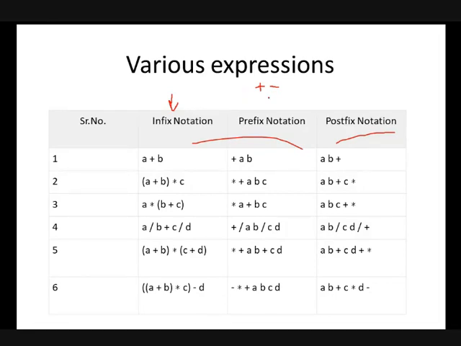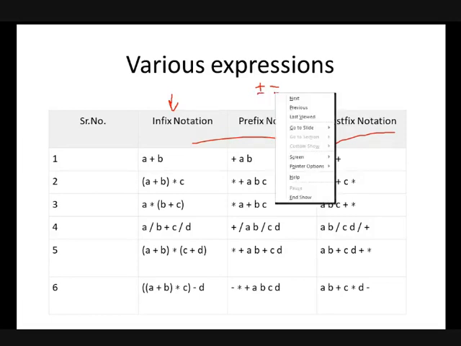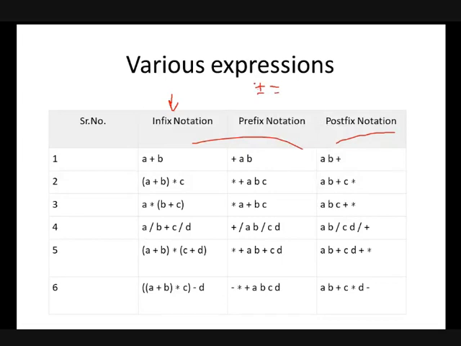The associativity of all arithmetic operators is always from left to right. So when you have plus and minus at a time, you need to follow the left to right sequence. The operator which is leftmost should be applied first and then the next operator. Okay, class, any doubt? Is it clear to all?